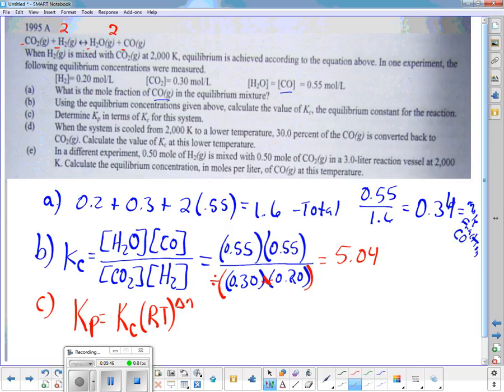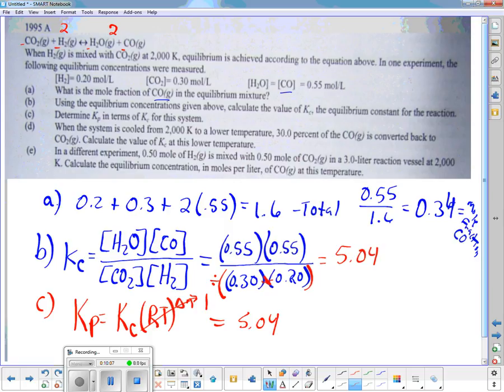One minus the other is 0, so this goes out to 1. Anything to the 0 power is 1, right? So Kc equals Kp, so all we have to do is say it's equal to 5.04.